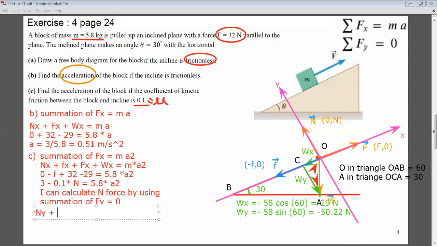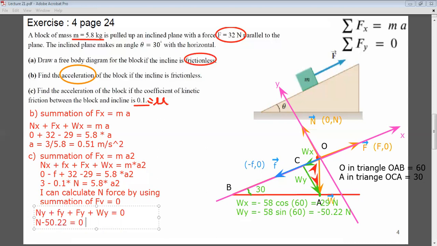plus Wy, let's put them in the same order so you don't get confused, is equal to 0. Ny is all of N. Big Fy is 0 because it's on the x-axis. Wy, we calculated it. It's minus 50.22.